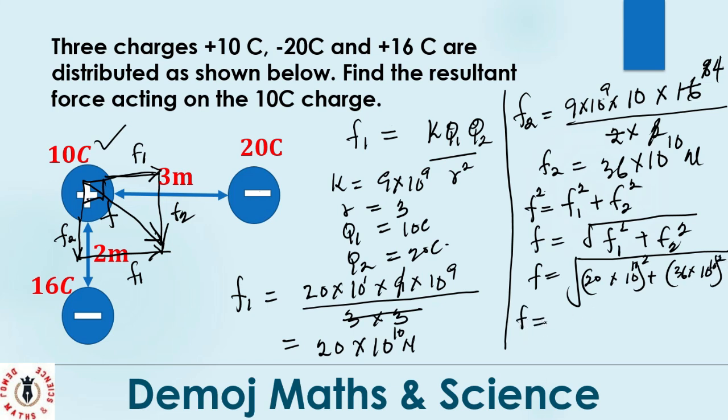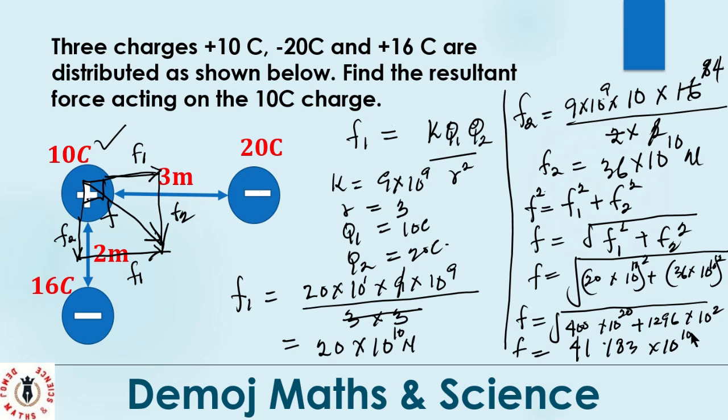Obviously, F now is the same thing as the square root of 20 squared, that's 400, times 10 raised to power 20 plus 36 times 36, that's 1296 from my calculator, times 10 raised to power 20. So that F now, if you calculate from this, will be the same thing as 41.183 times 10 raised to power 10 Newton.